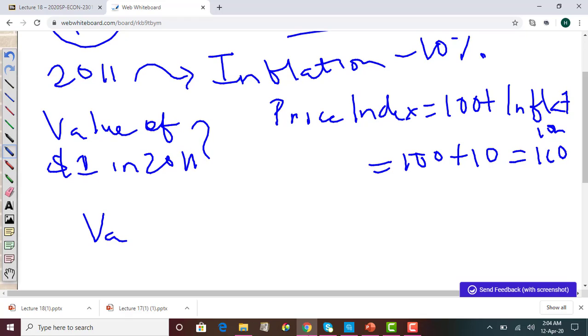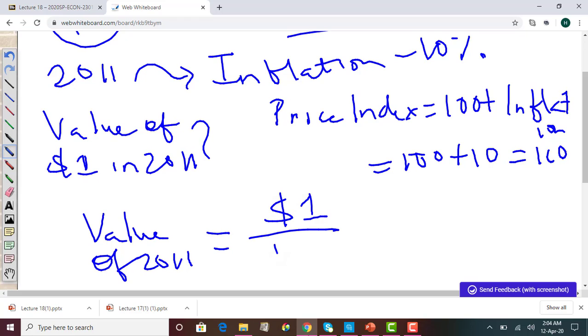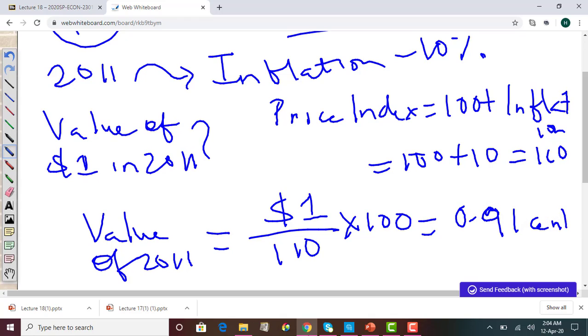Now the value of money in 2011 is given by the nominal value, which is $1, divided by 110 times 100, and if you calculate that, that comes up to 0.91, or 91 cents.